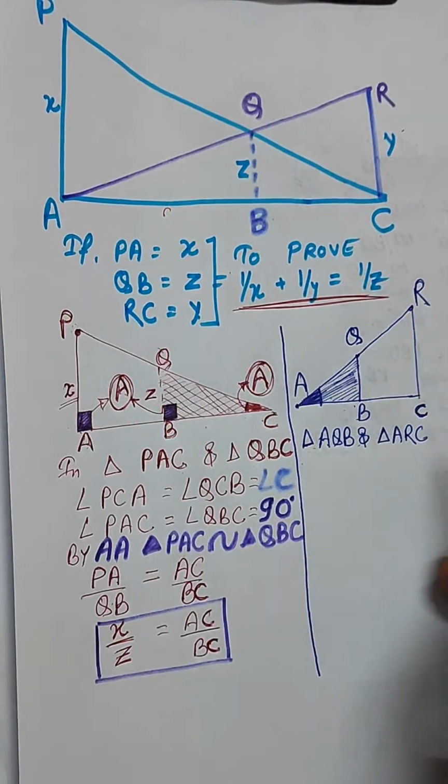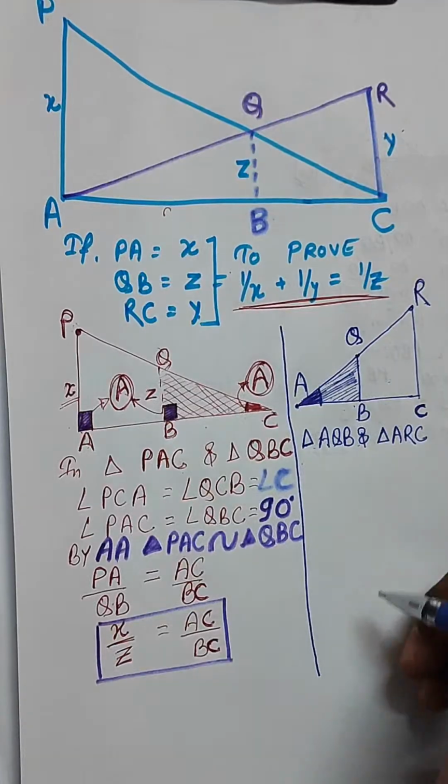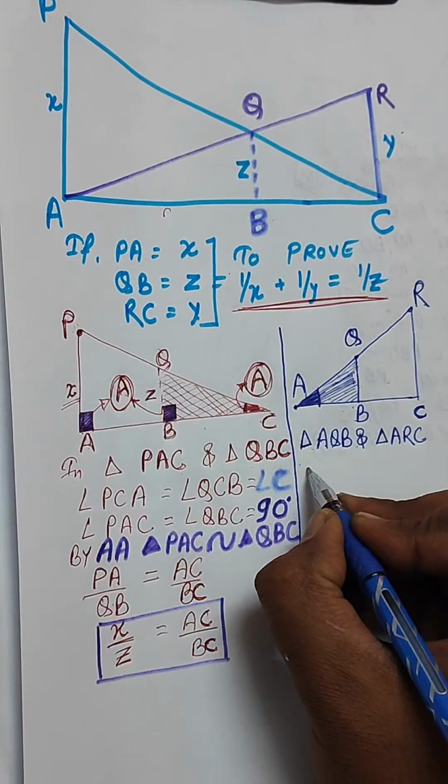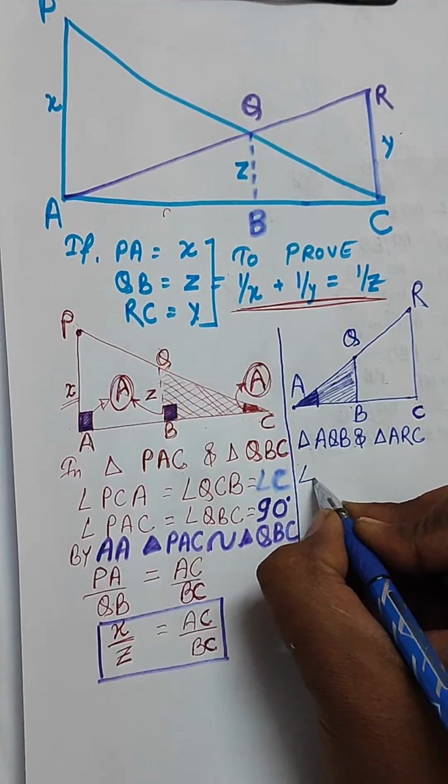So AQB and ARC, for the two triangles, you can see this angle A is common, right?